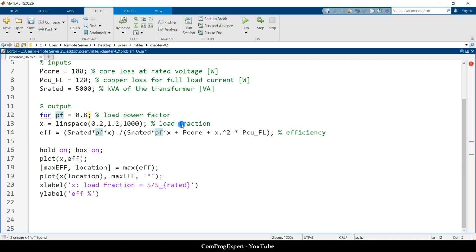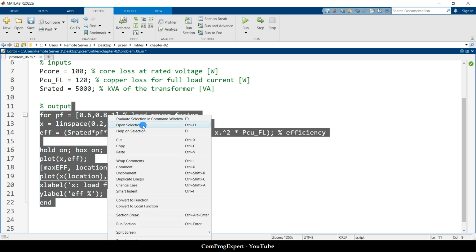I can write a for loop here. For power factor equal to, let's iterate for these numbers, 0.6, 0.8, and 1. I want to iterate the value of the power factor on these three numbers. So this is the format of coding, and end.